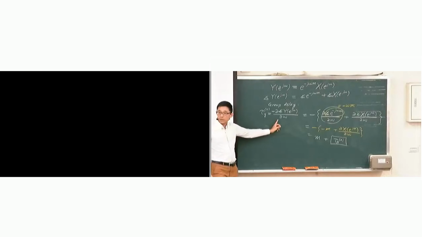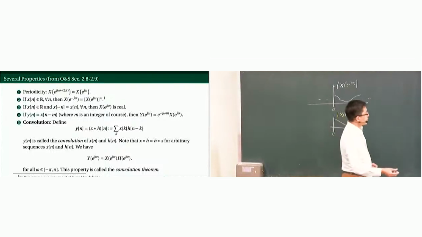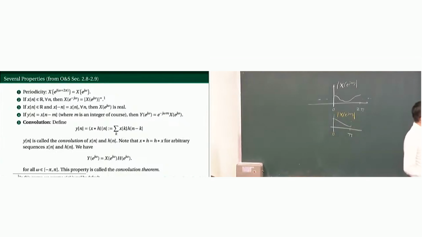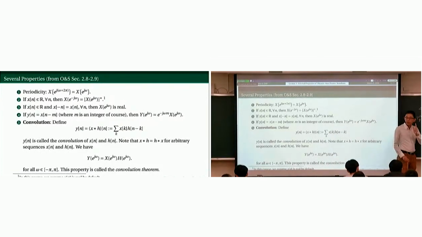So we'll come back to here. There's a kind of deeper insight in the shift theorem. It makes a lot of sense. When we delay our signal in time by m samples, then in the spectrum, we found that at every frequency, the group delay is going to increase by m.